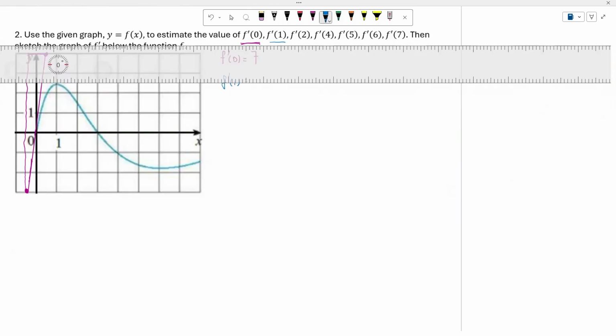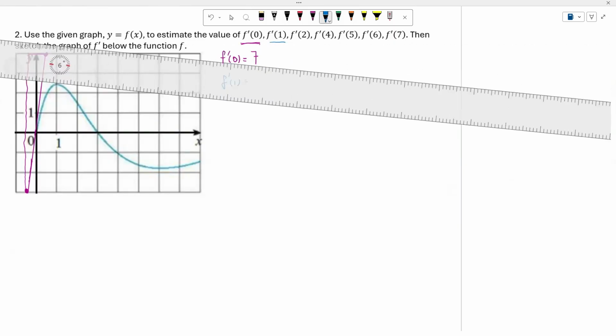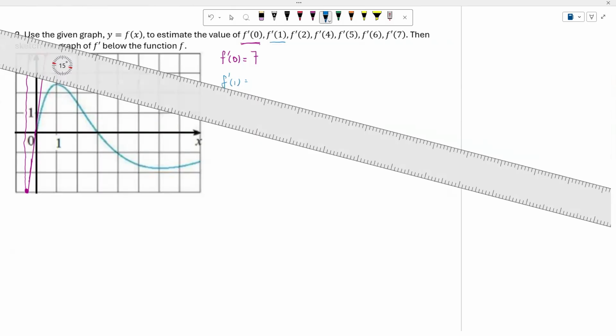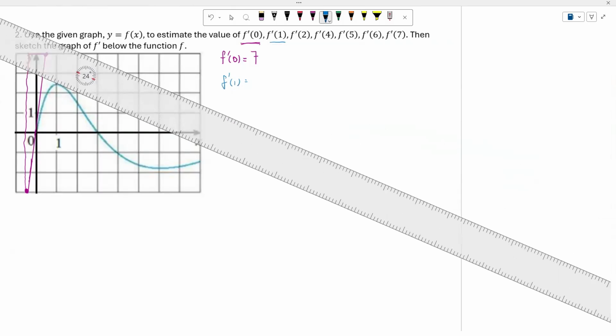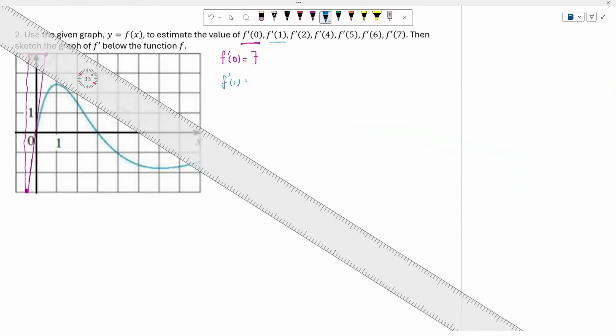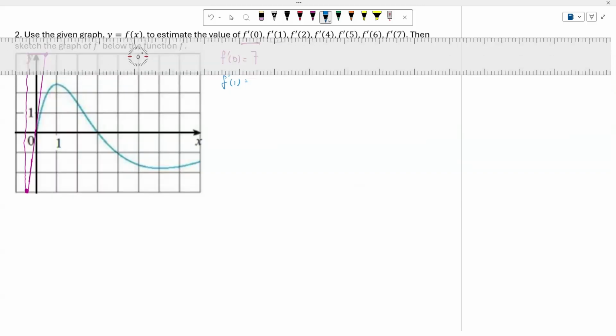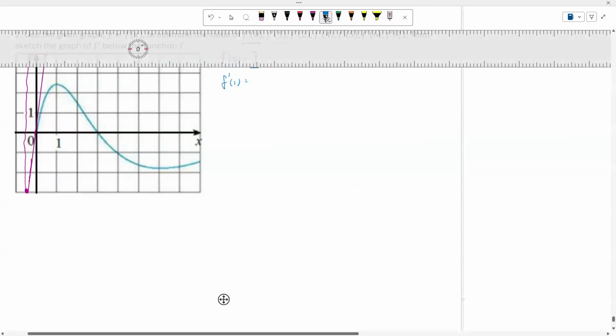Then it is, again, 0. And now, when the function is decreasing, the slope becomes negative, more and more negative. So in this case, f prime of 1, which is the local maximum, is equal to 0.